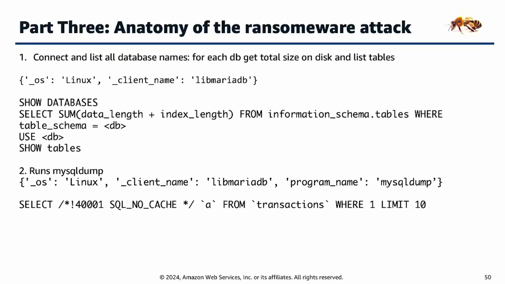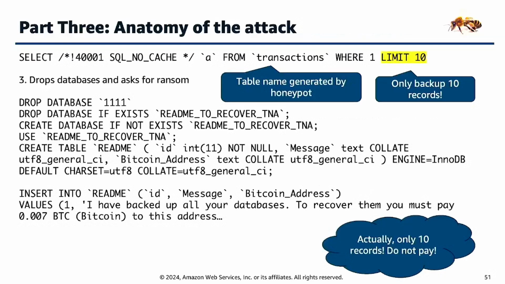They are listing the databases, listing the tables, and then for every database and for every table they find, they run mysqldump. Now, notice here LIMIT 10. What they are doing is they are only grabbing 10 records from your tables.